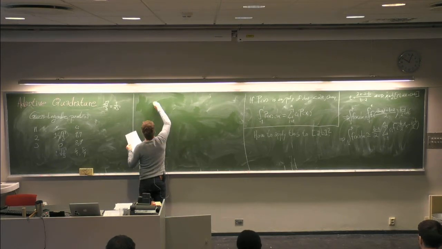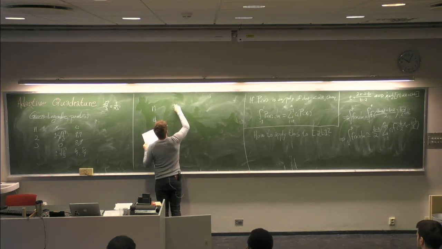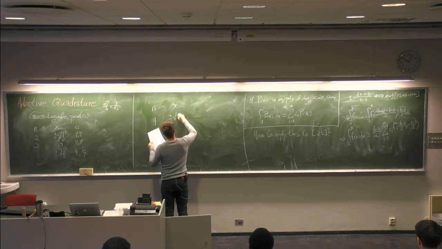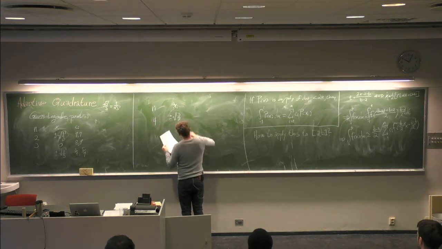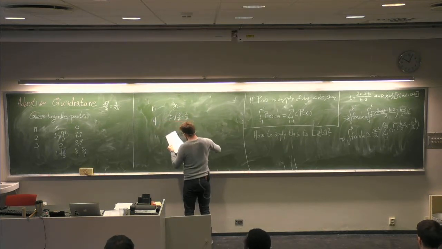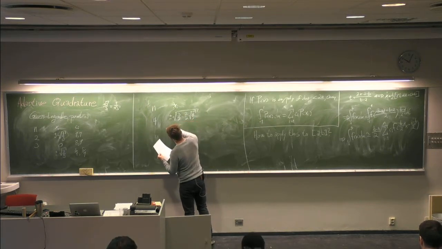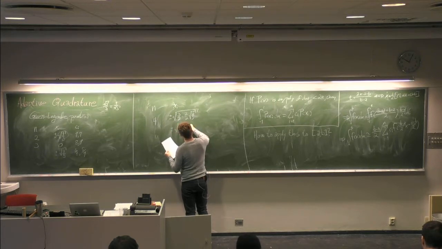So again, now n is 4, then xi will be plus minus the square root of (3/7 minus 2/7 square root of 6/5), plus minus the square root of (3/7 plus 2/7 square root of 6/5).